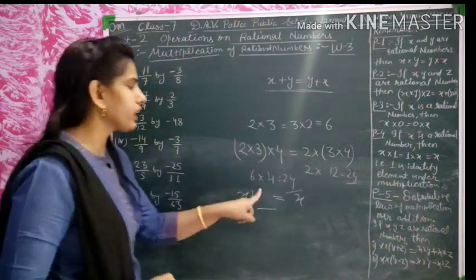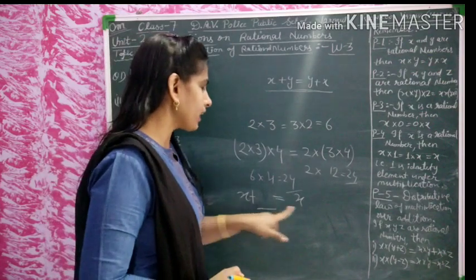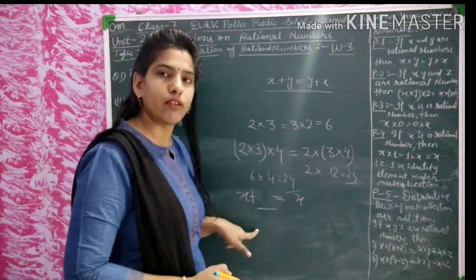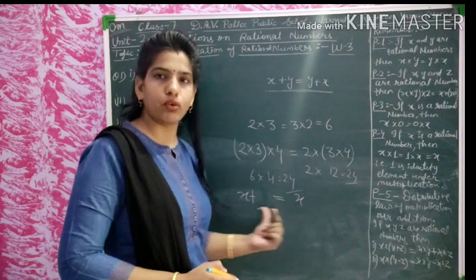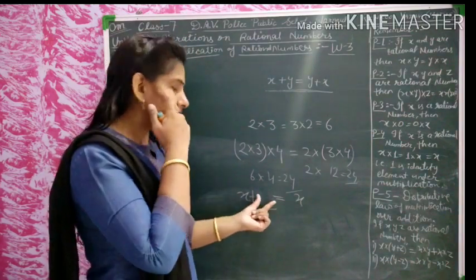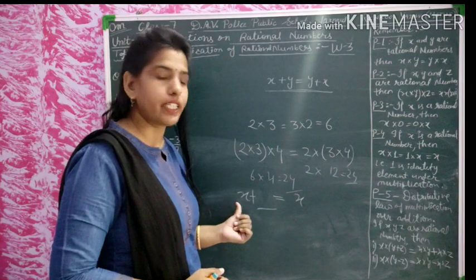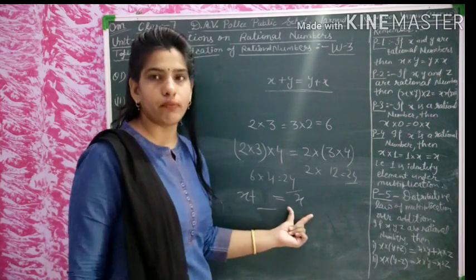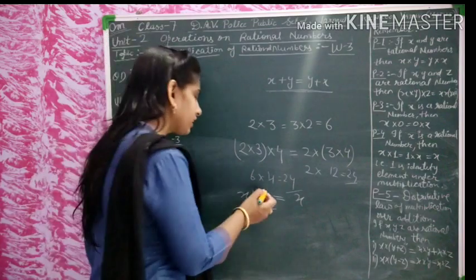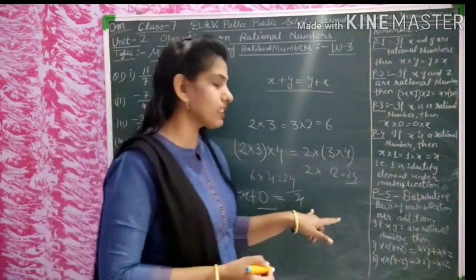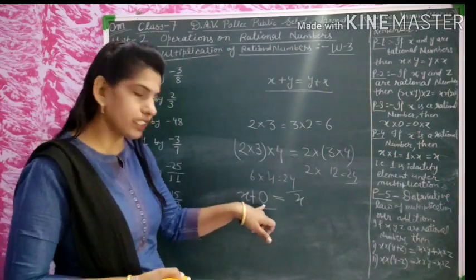And what will we get here? We are seeing that the number is itself. Left hand side and right hand side, both numbers are the same. Then which number is added here to get this number? Yes, right, there is the number 0. Same doing like this, and 0 is the identity.